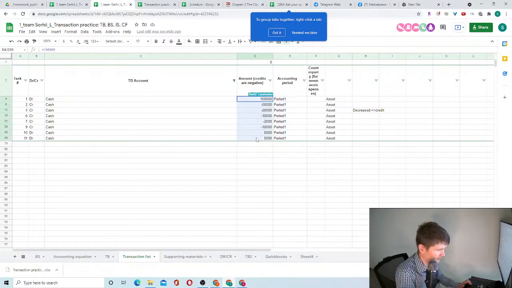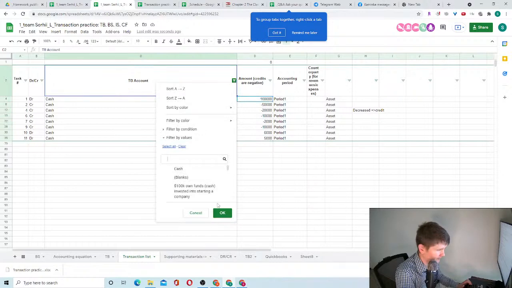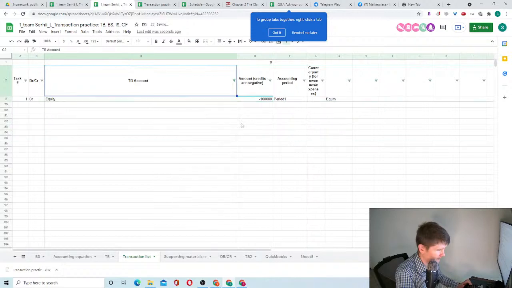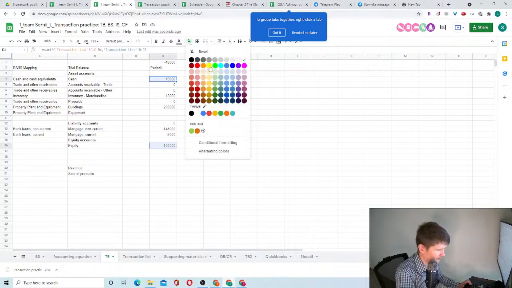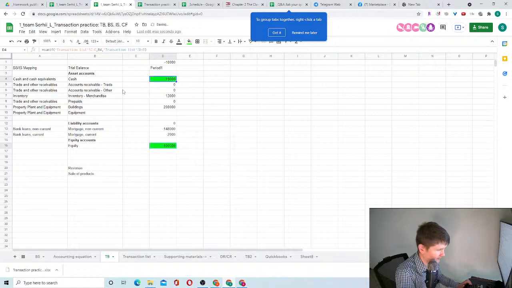It will just complicate. So now it seems like all cash was reflected, and the other is equity, and I see only one contribution to equity here, 100,000. So these two seem to reflect our transactions.